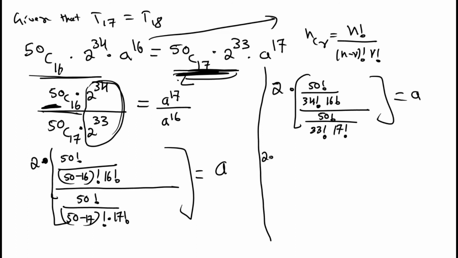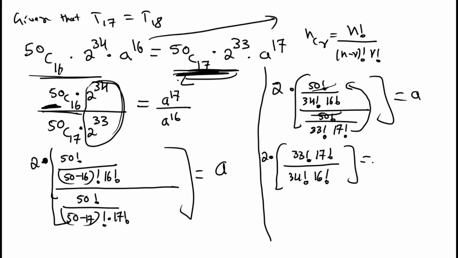So it is 2 into, see, 50 factorial gets cancelled. Now see, this term moves to numerator. So you'll get 33 factorial into 17 factorial divided by 34 factorial into 16 factorial equal to a.